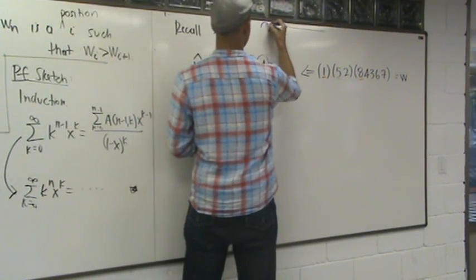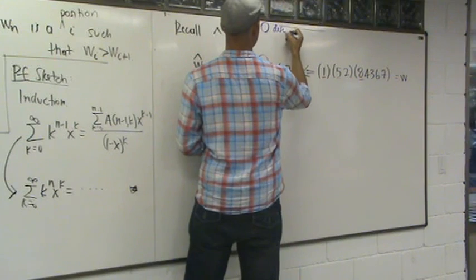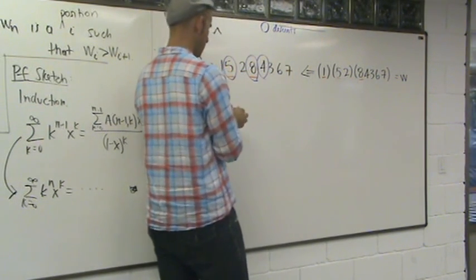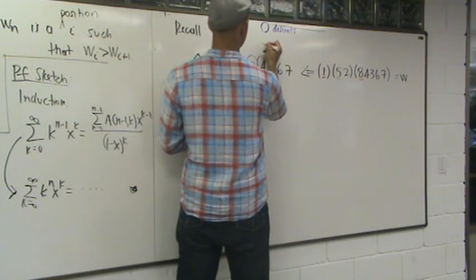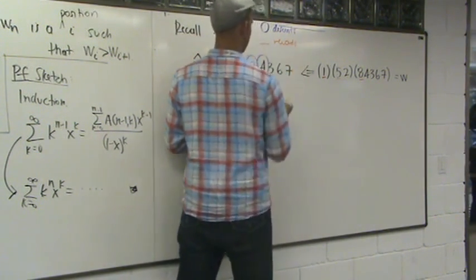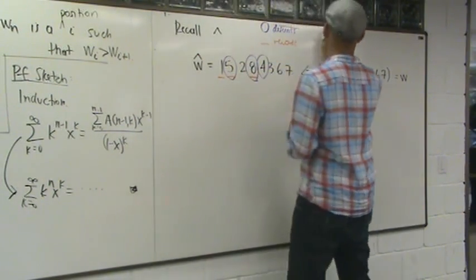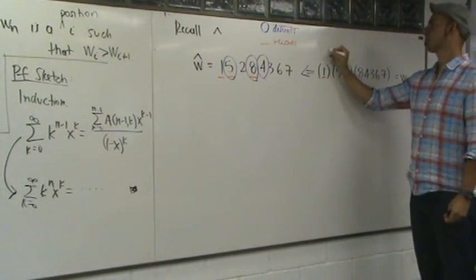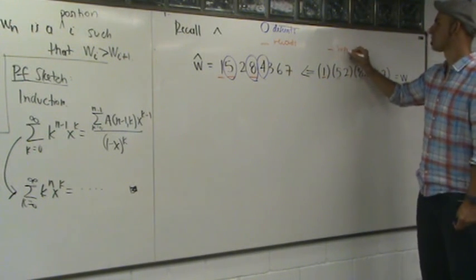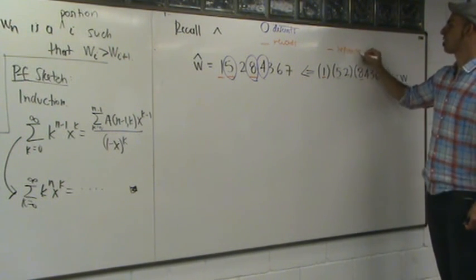Let me remind you that these are meant to be descents, and these are meant to be records. Over here, these are the beginnings of the cycles. But the question is, what are the purple ones?